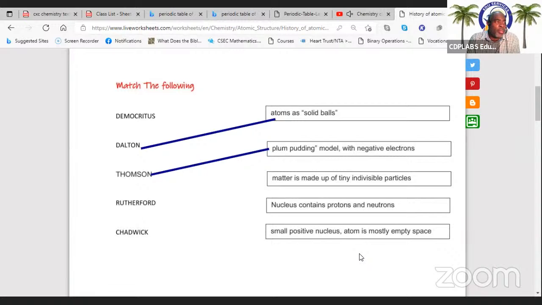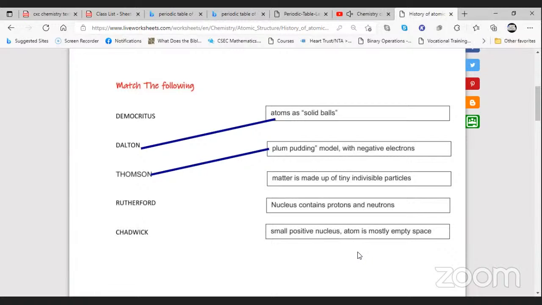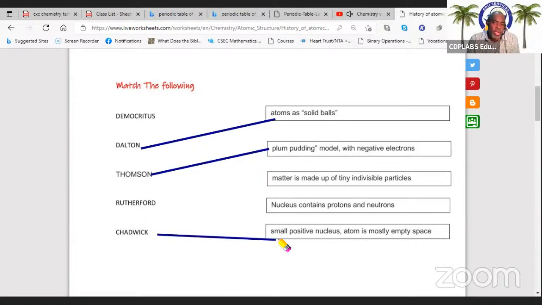All right. Brittany, give me Chadwick. You found Chadwick, Brittany? Yes, it is small positive nucleus. Okay, so you discovered that there is a small positive nucleus. All right, so let's see what Kadeen says Rutherford did.